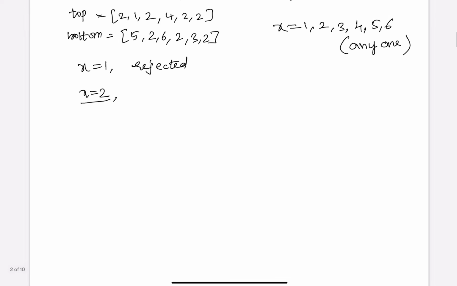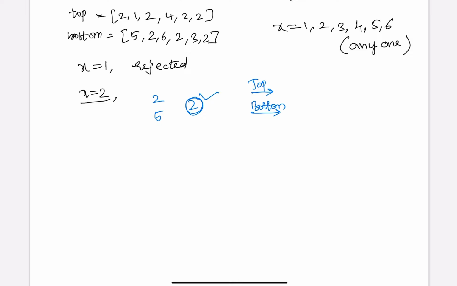If we choose x equal to 2, for x equal to 2 we have 2 and 5, and we have this 2. So we are taking this 2 as we get a row with completely 2's, maybe in the top or bottom. We have 2 choices, so I am distributing.